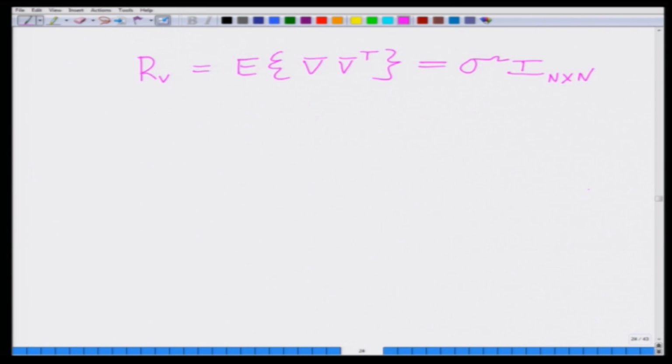Now, let us explore the properties of the channel estimate. So, let us explore the properties of the maximum likelihood channel estimate.